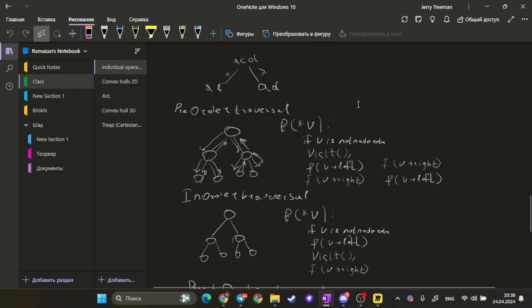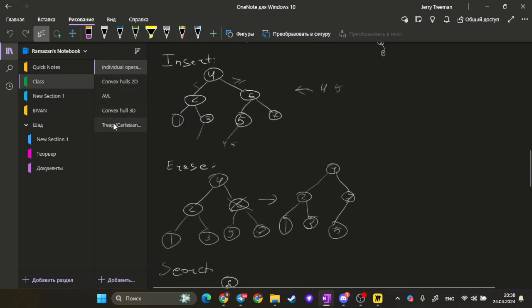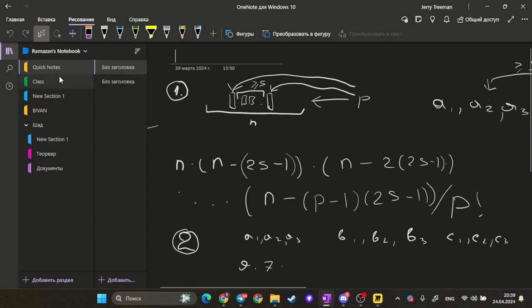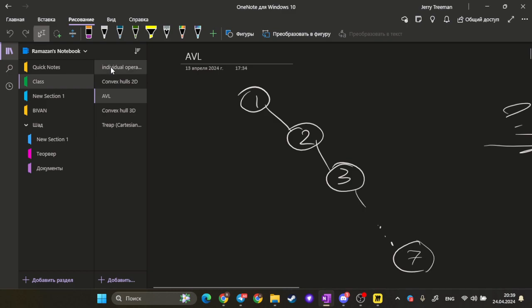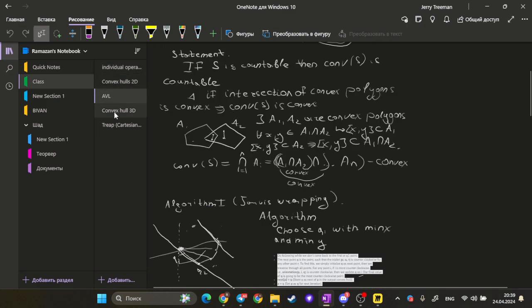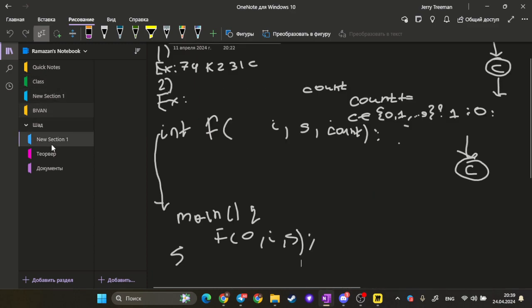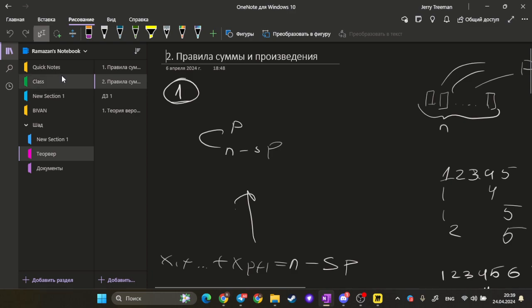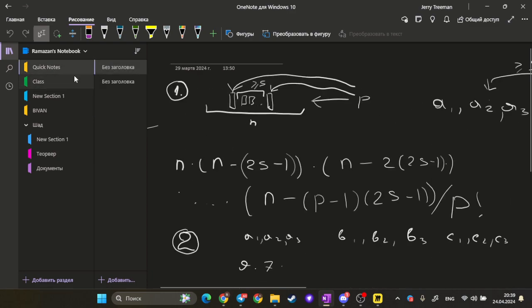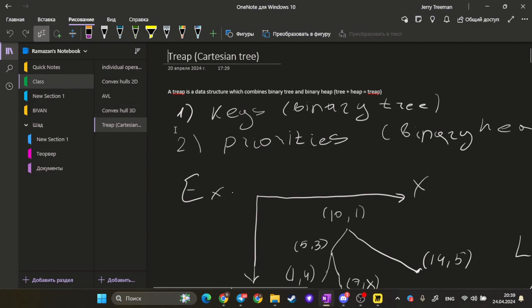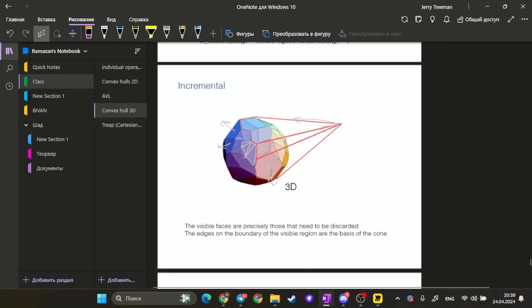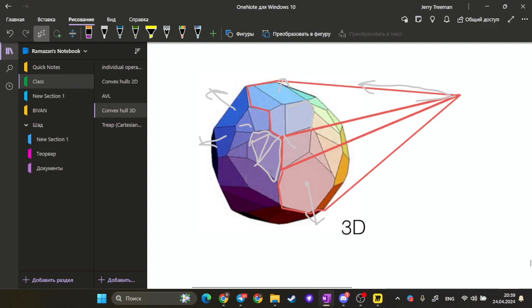In the previous lecture we considered 2D triangulation, and we can use this algorithm to delete these edges.